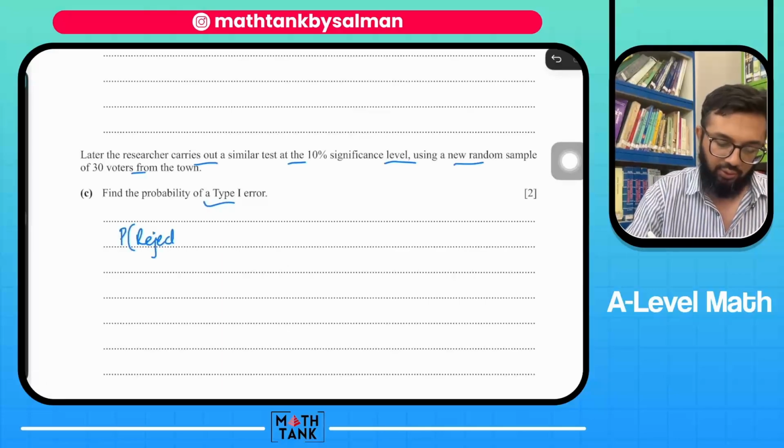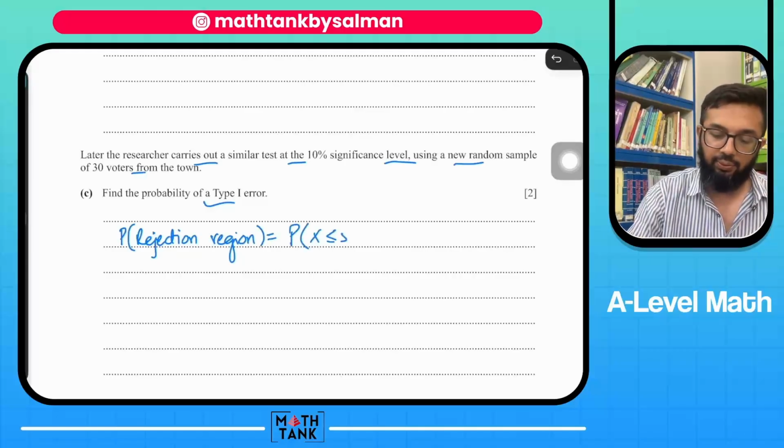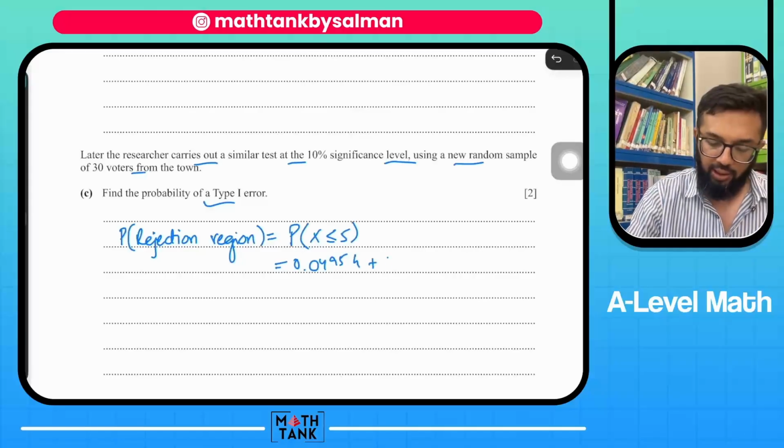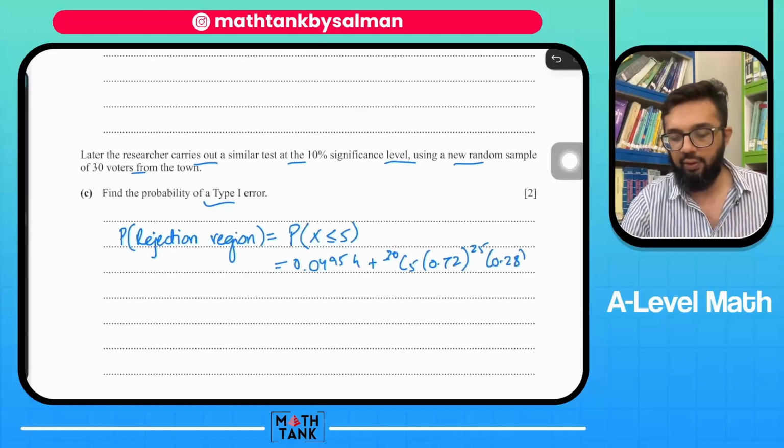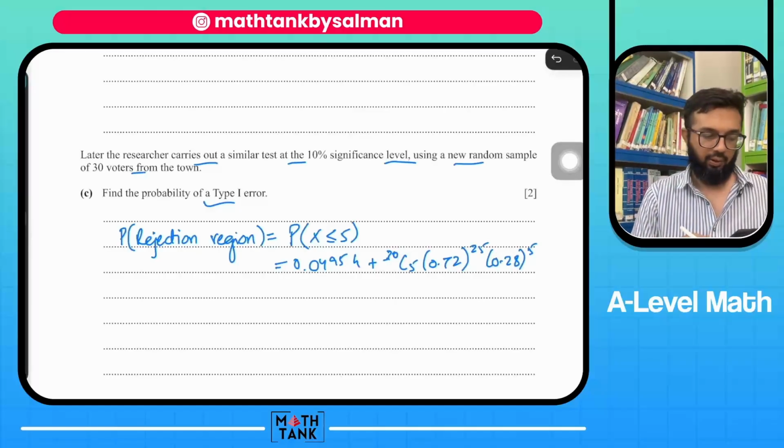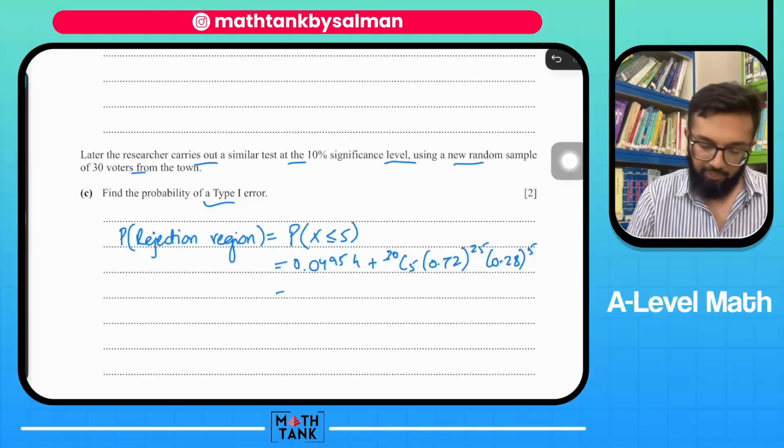I know that the rejection region is not at 4. So I am going to try out the probability of x less than or equal to 5. That's 0.04954 plus 30C5 times 0.72 power 25 times 0.28 power 5. I'm getting 0.1161.